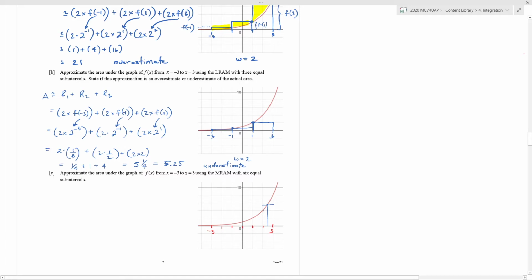So the midpoint of the second last one would look like so, which gives me a rectangle that looks like that. And then this one here, like so. Okay. And then it becomes messy, but you get the idea. So we're using the midpoint of each one of those strips or rectangles. So what we need to do is, this is going to be a little more lengthy.